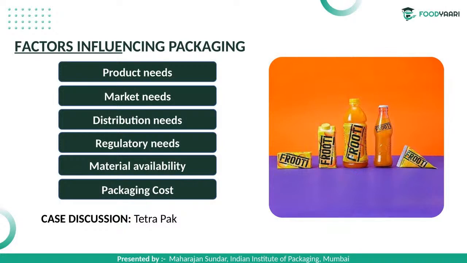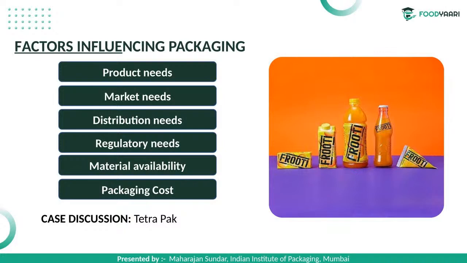And when compared to the price of a straw, the price of the screw type closure is very high. For example, the straw is costing around 50 paise. The screw type closure is costing around 1.20 rupees.